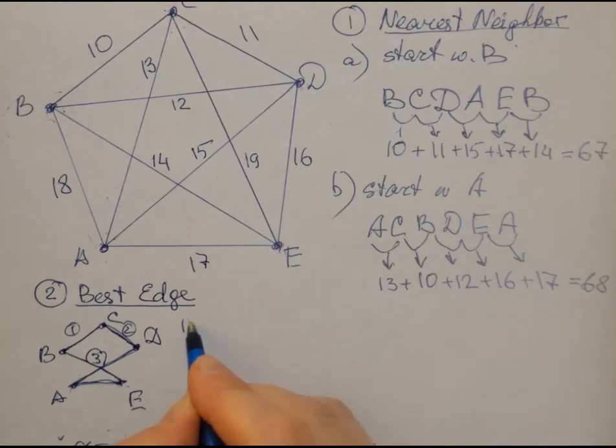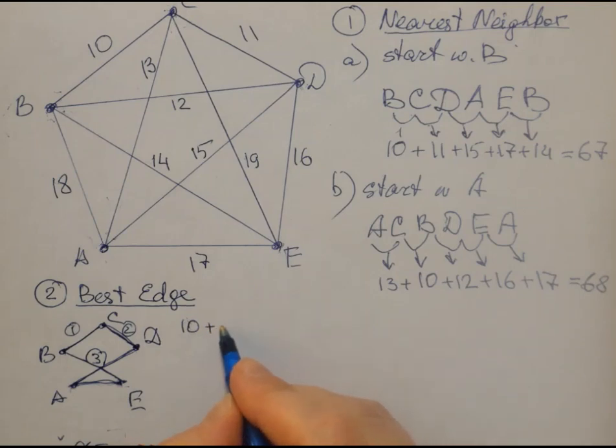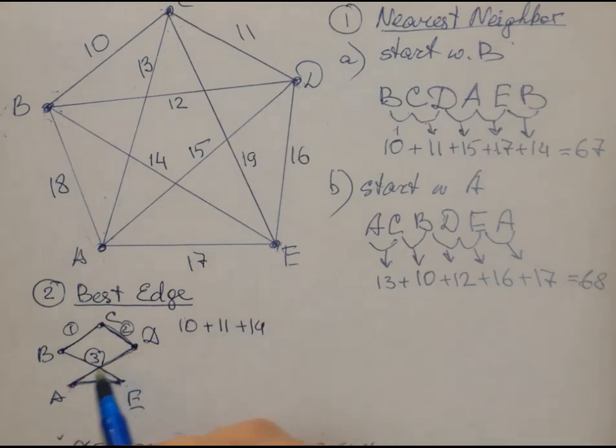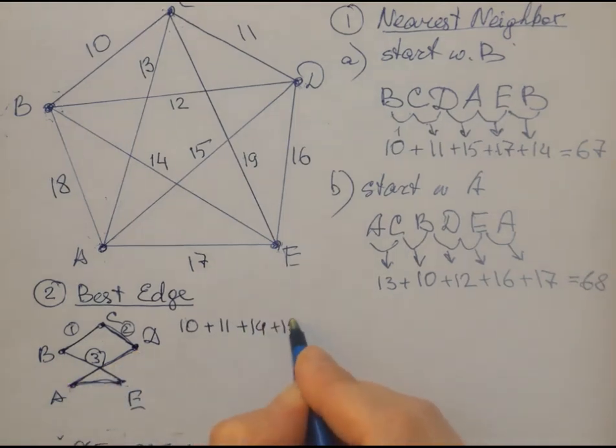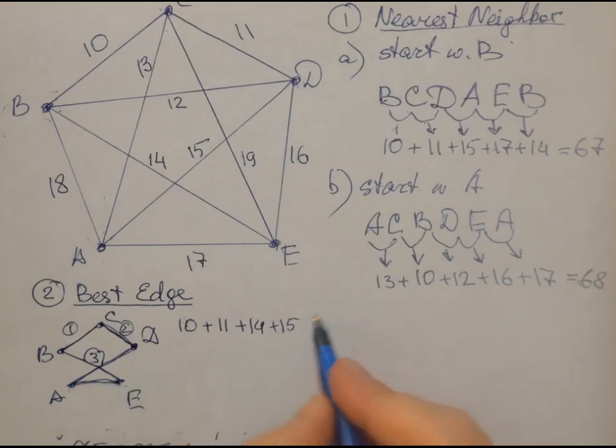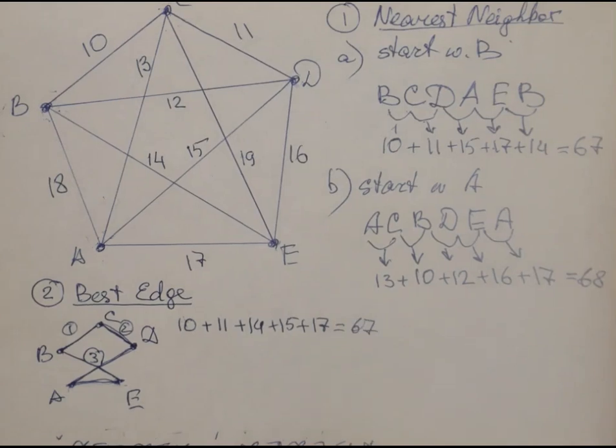The first edge 10 plus 11 plus third was 14 and plus 15 and plus 17. It is also 67.